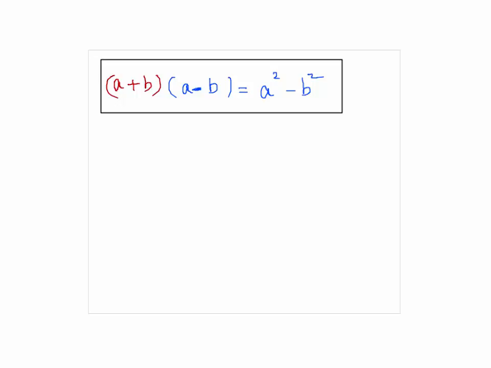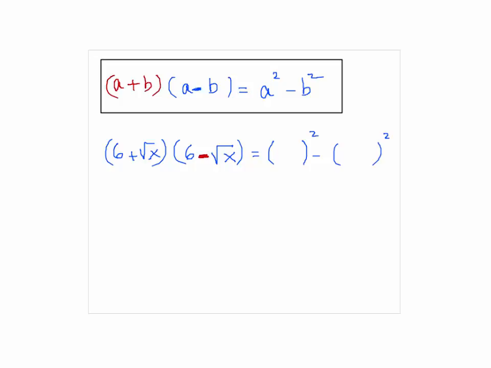Okay, good. So when I have an expression like 6 plus radical x, if I want to eliminate the radical x, I multiply it by 6 minus radical x. This is called its conjugate. If I multiply 6 plus radical x by 6 minus radical x, according to this property, this turns out to be the difference of squares.